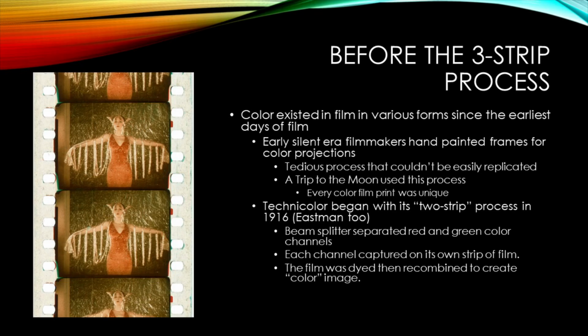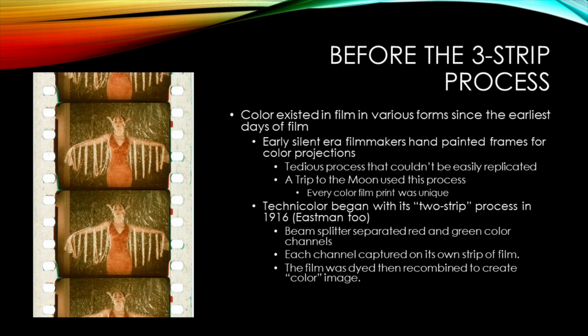So color in film has been around for decades by the 1930s, but the only two real processes for colorizing film are either rotoscoping, which means every individual frame of any single print needs to be painted by hand, which is very difficult to do, or color tinting, where the entire image gets tinted in one tone, right? So you could have blue or purple, but everything is blue or purple. You can't have individual elements unless you sit there and rotoscope it. So not very lifelike, and also very difficult to reproduce.